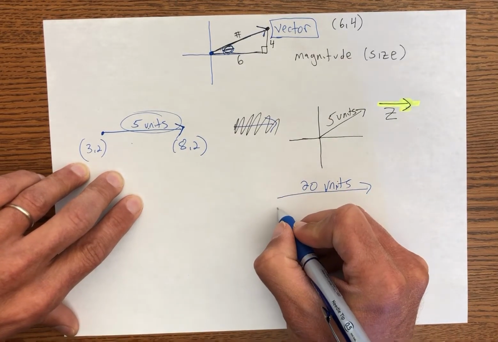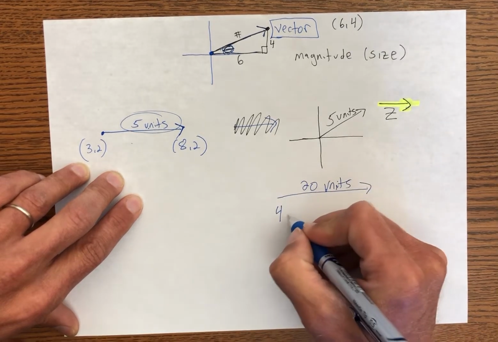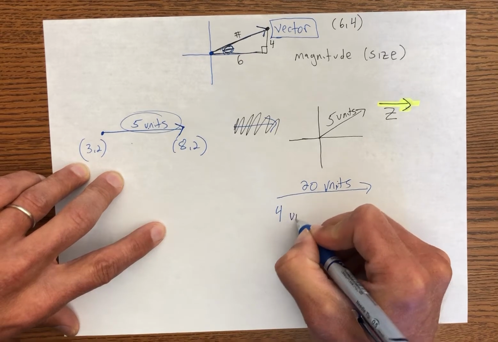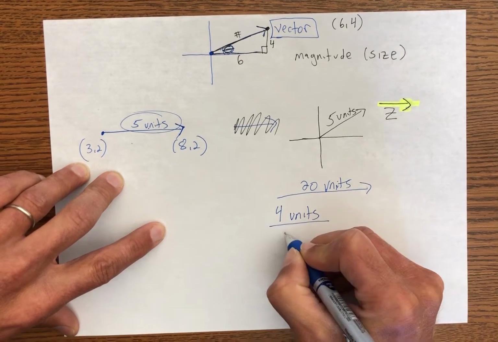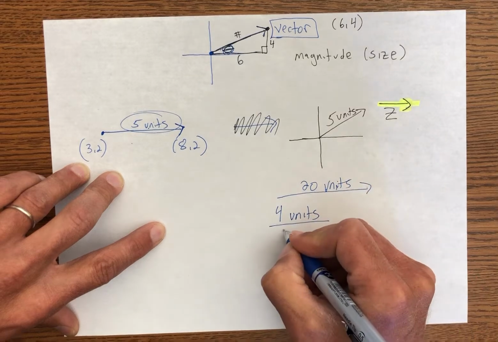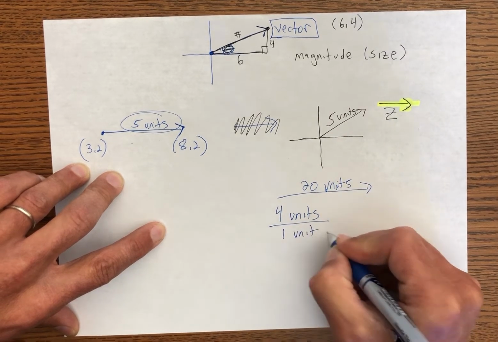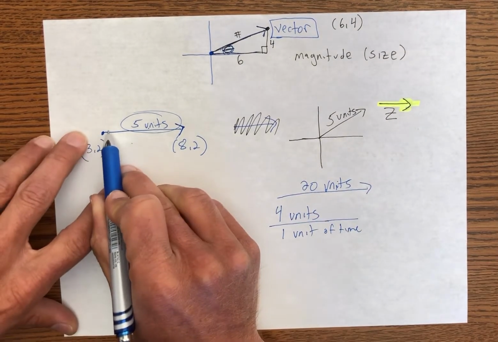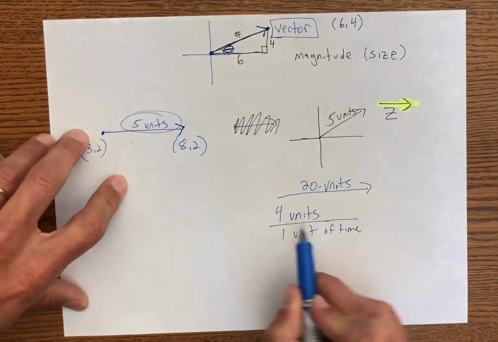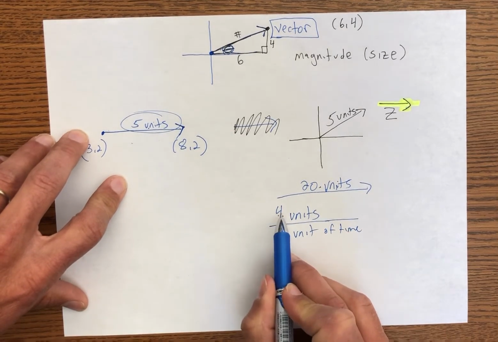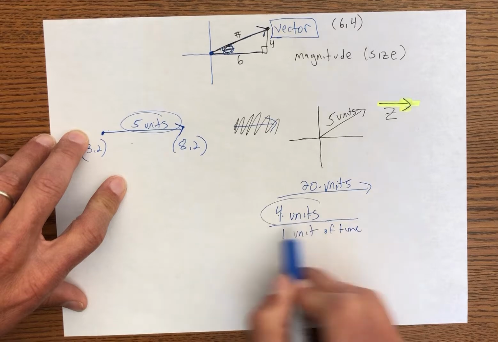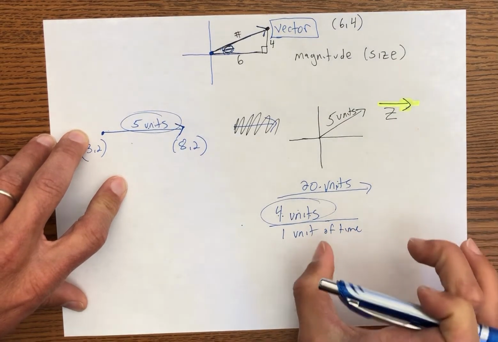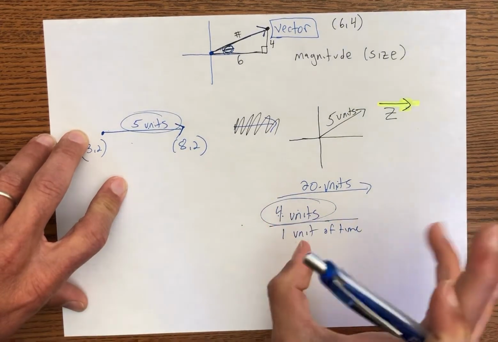In the notes I say it travels 4 feet per second, but let's say 4 units over 1 unit of time. All you have to know is that if it starts off at 5 and then goes to 20, it's 4 times the size. It's gotten bigger, which means scalars get bigger or smaller. They don't change direction or anything. It just increases or decreases.